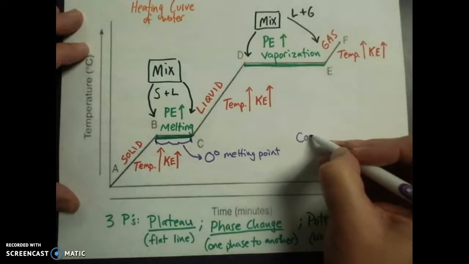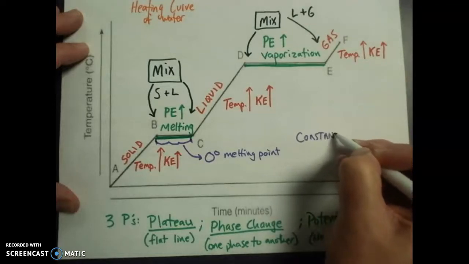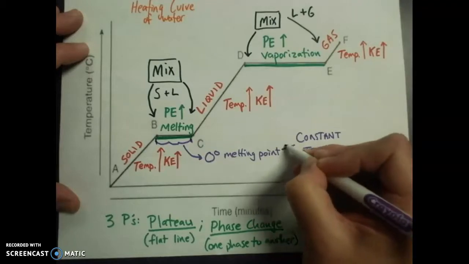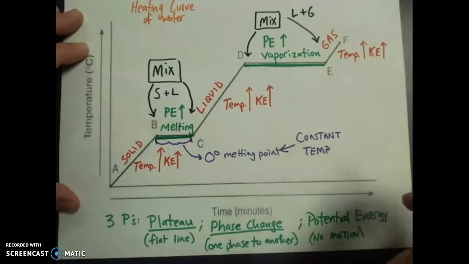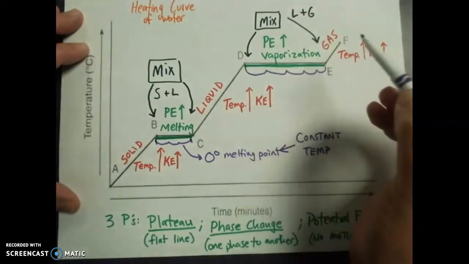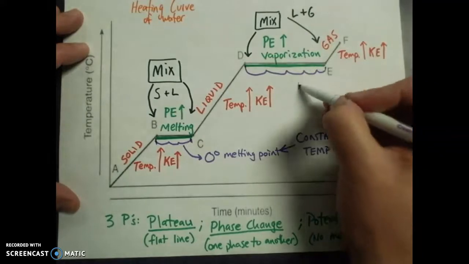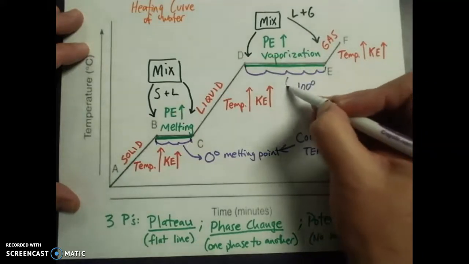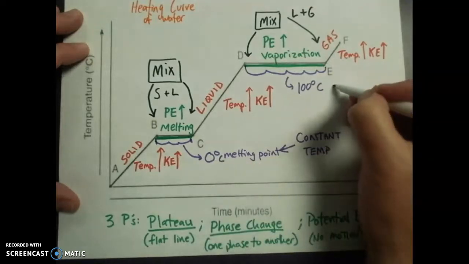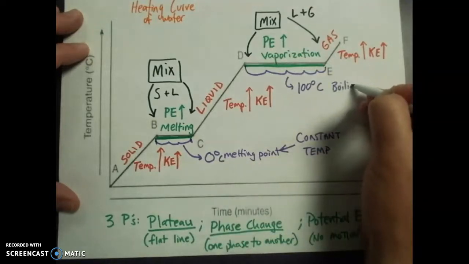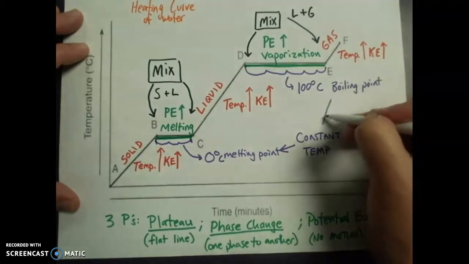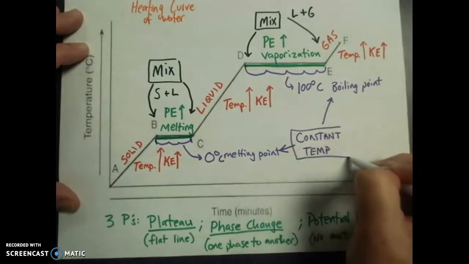It is a constant temperature. We have another constant temperature from here to here. From D to E is another constant temperature, 100 degrees Celsius, and that is the boiling point or the point of vaporization, and that is another constant temperature.